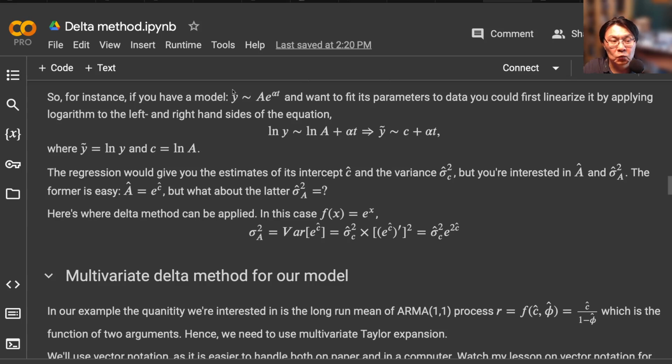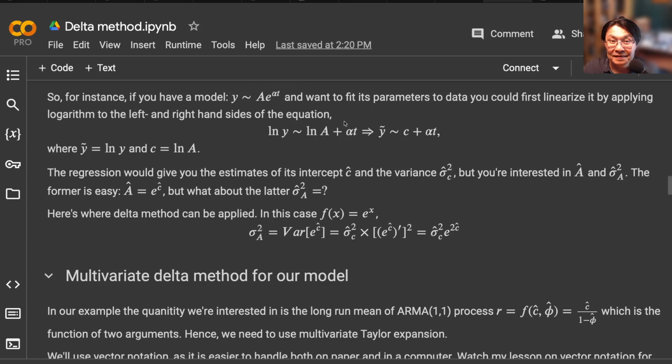So how do we solve this? By logging, right? We take the logarithm of the left and right hand side. We're linearizing the problem. So we get the logarithm of y equal to the logarithm of the constant a, the amplitude, plus alpha t. The exponent goes away when we take the logarithm.